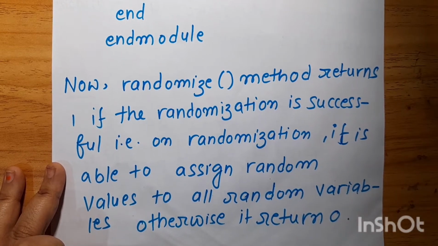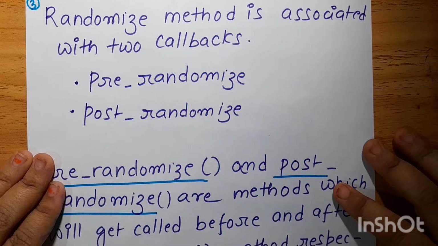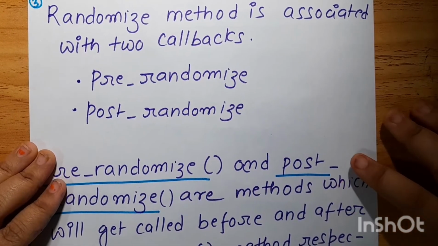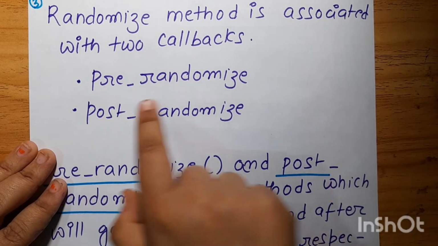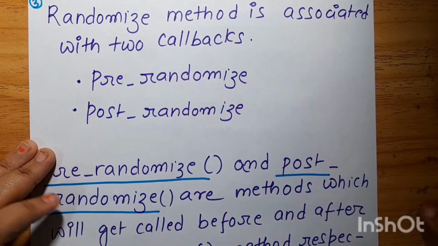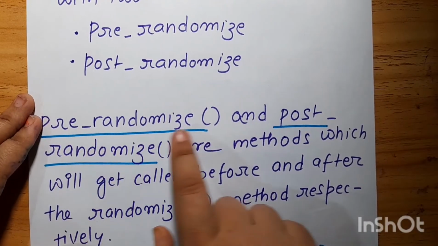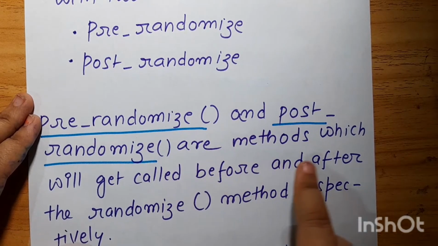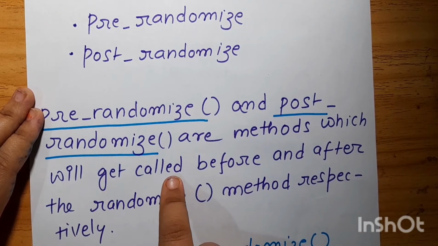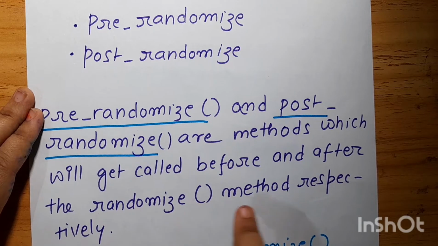Successful randomization means that it will assign random values to all the rand or randc variables available in the class. The randomize method is associated with two callbacks, that is pre_randomize and post_randomize. These are also two methods, which get called before and after the randomize method respectively.